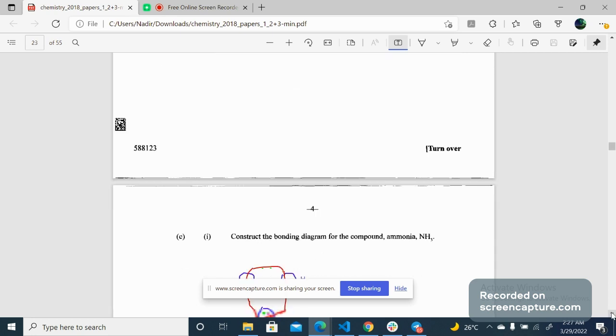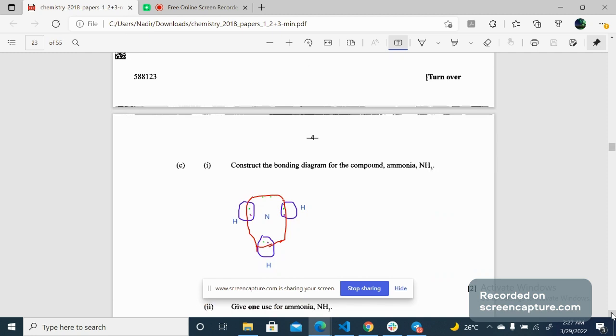Now we come to subsection C, and the first question is asking us to construct a bond diagram for the compound ammonia. As you can see, ammonia is a compound made up of nitrogen and hydrogen.